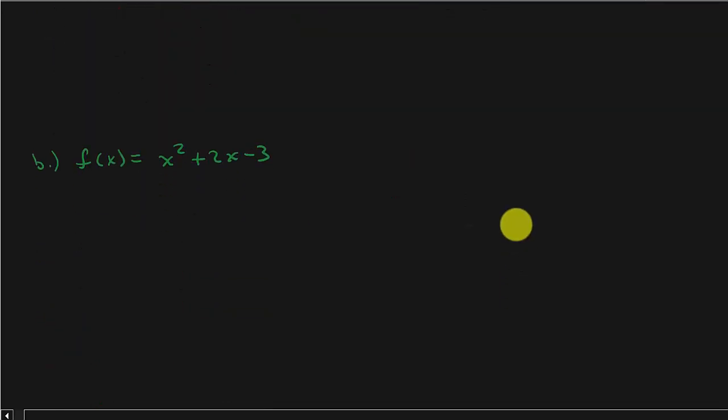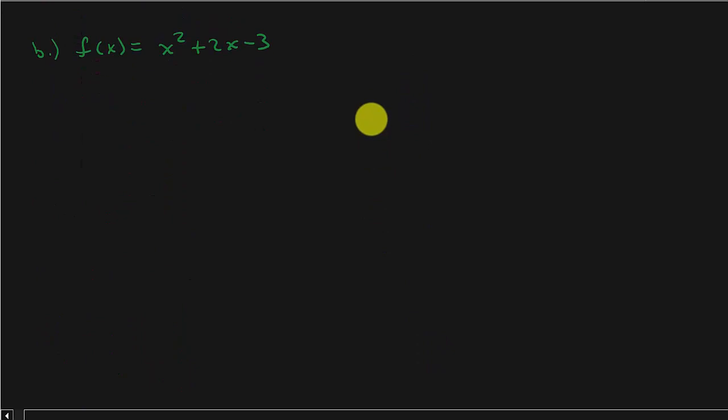Let's look at another one. Okay, so we got a few more, don't we? All right. Same thing. So let's do f of x plus h minus f of x, all that over h. Just like before, all the x's, let's replace them with x plus h.